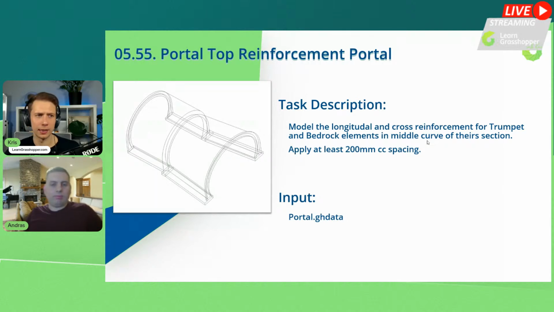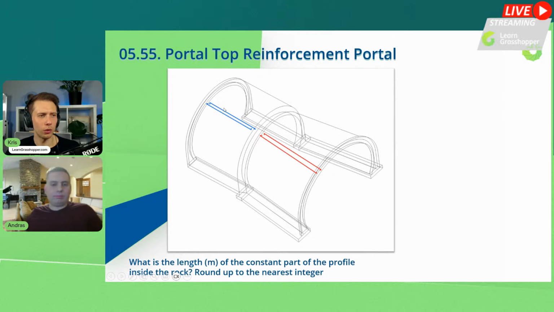Here the aim is to model all the longitudinal and cross reinforcement for this part, the beginning part. As you can see, the longitudinal one in blue has a constant radius, and the red one in this part is going to be a little bit wider.